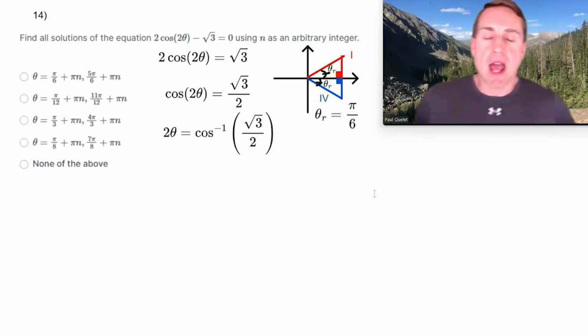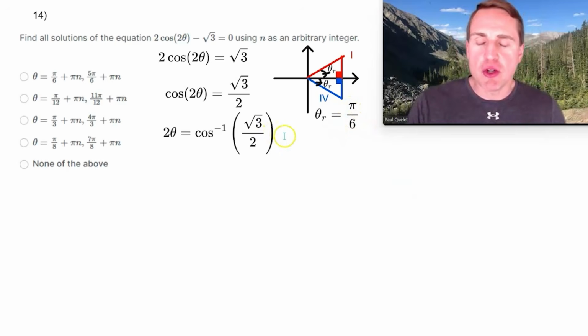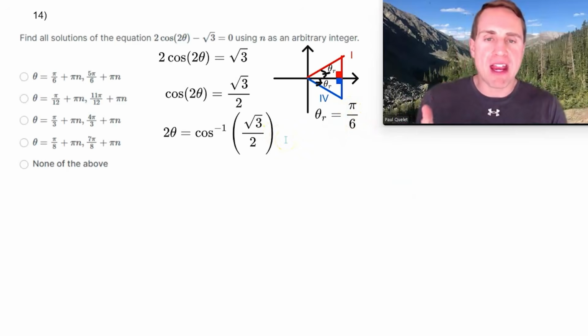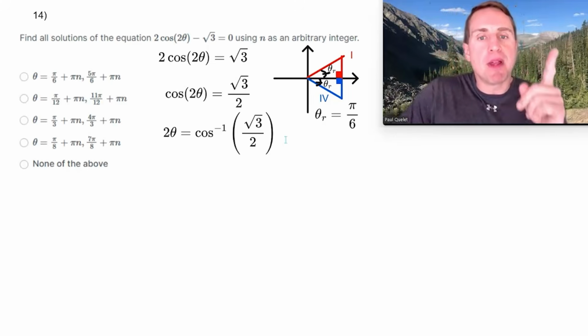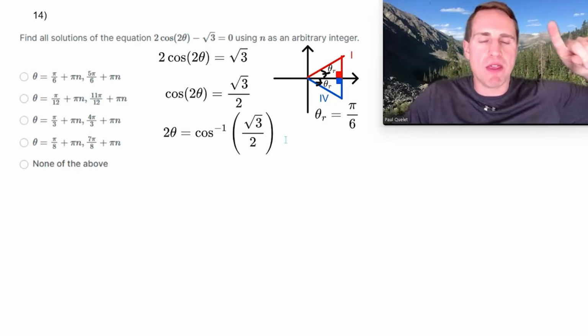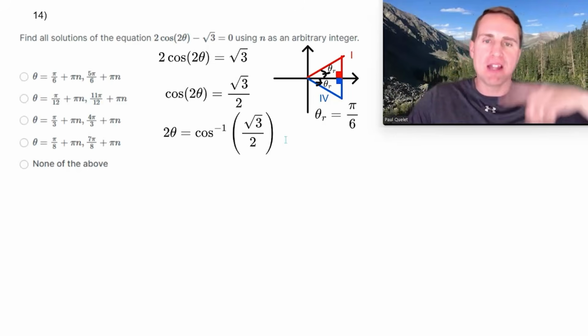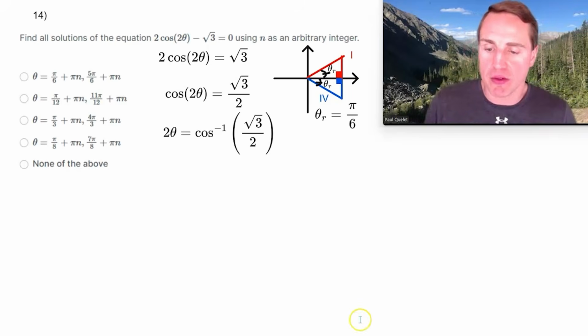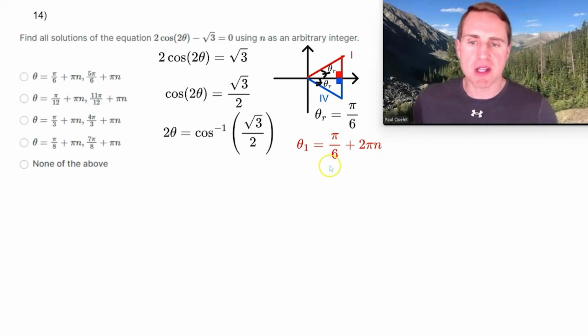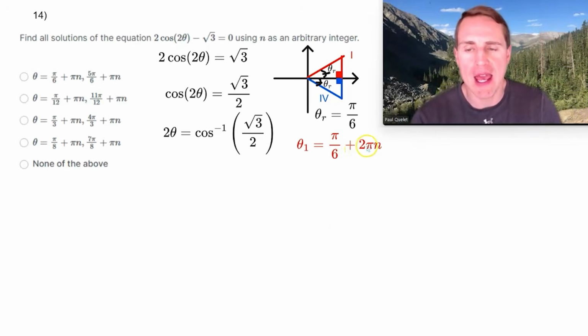Now that we have that, we can deduce that the first angle, theta 1, is going to be exactly pi over 6, but then any coterminal angle with that. So you can add 2 pi, subtract 2 pi, you get the same landing position, coterminal angles. So there we go. Theta 1 is pi over 6 plus 2 pi n.